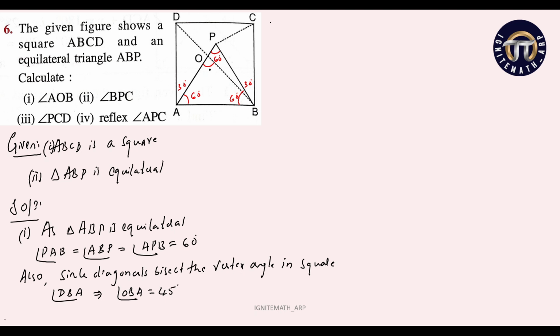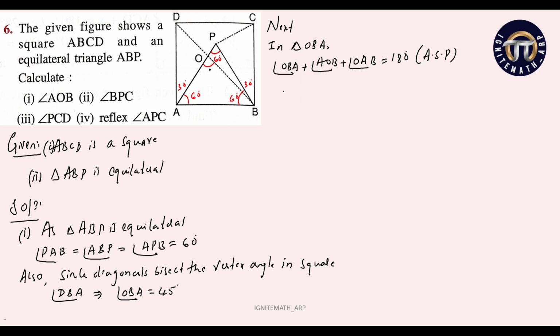Clear? So next, I will apply the angle sum property in triangle OBA. In triangle OBA, angle OBA plus angle AOB plus angle OAB is equal to 180 degrees. This is the angle sum property of a triangle.